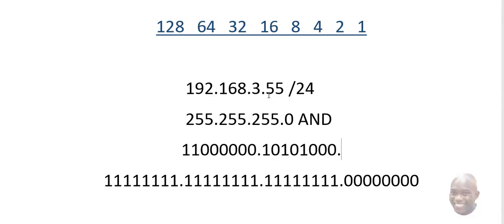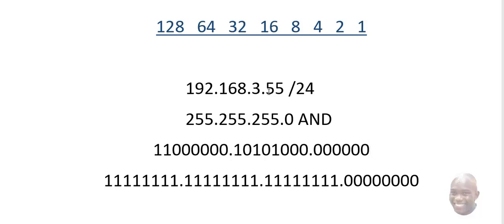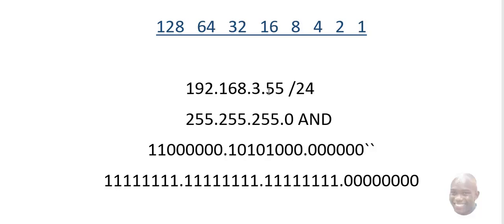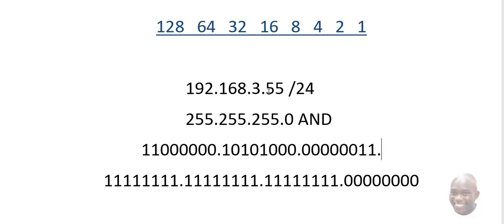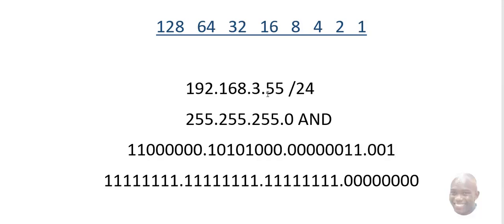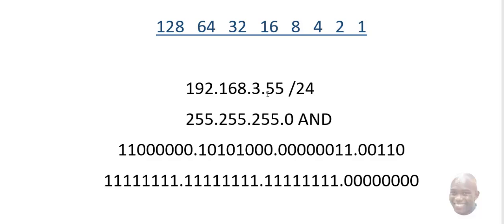For 3 it's simple: I take off 128, 64, 32, 16, 8, 4, and put only a 1 on the 2 and the 1. For 55, which is less than 128 and 64, I leave out the first two, put on the 32 and the 16, take off the 8, and put on the other 3.